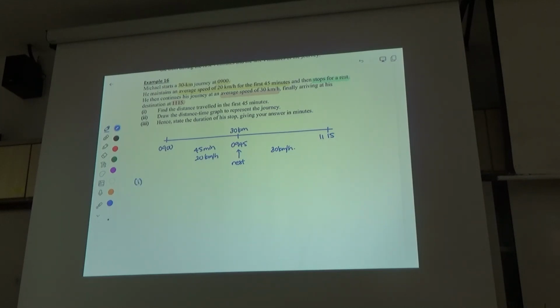Then looking at part I. Okay? You may either write this answer on the blank space provided, otherwise you may write it at the back of your graph paper so that it is together. Okay, to find the distance traveled in the first 45 minutes, that will mean that we're looking for this part. We have the time, we have the speed, so therefore the distance traveled will be speed times time.